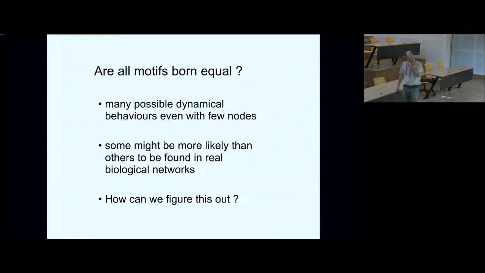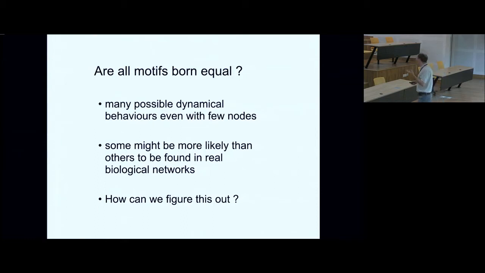Okay, so I'm basically going to start with where we stopped yesterday, and with a question which you can ask, which is: are all motifs born equal? Yesterday we started discussing this. In the context of synthetic biology, we saw that some people have been designing small motifs to perform dynamical functions such as bistability or oscillations, and the motifs they use are not necessarily the ones that are present in actual biological networks.